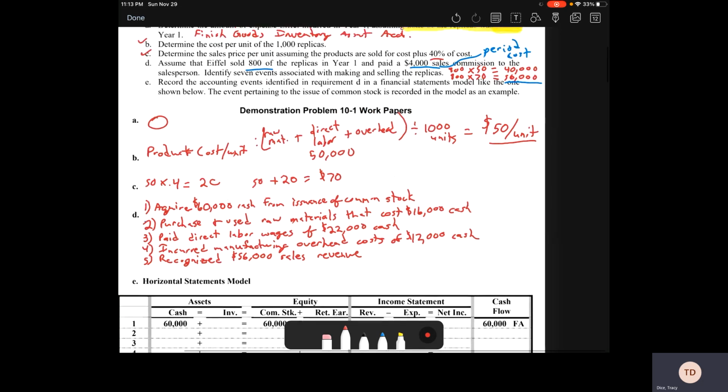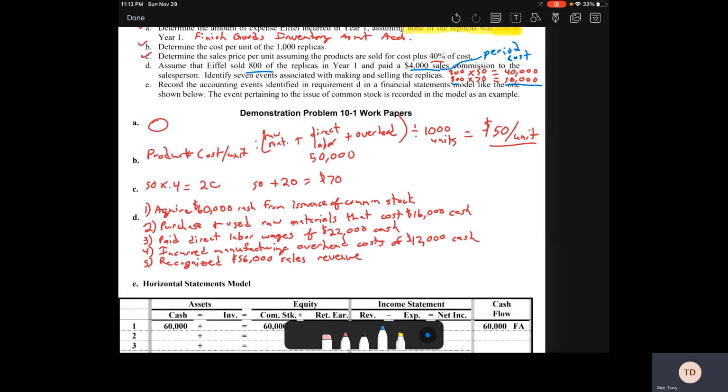Again, that's from taking the 800 times 70. So 800 of our replicas sold for $70 that we figured out in part C.